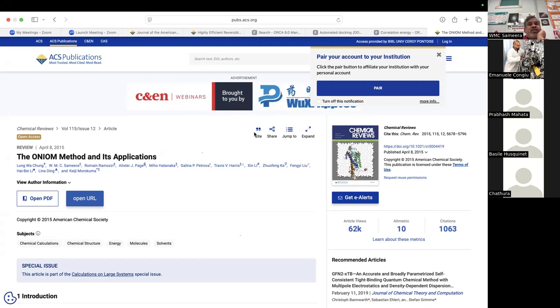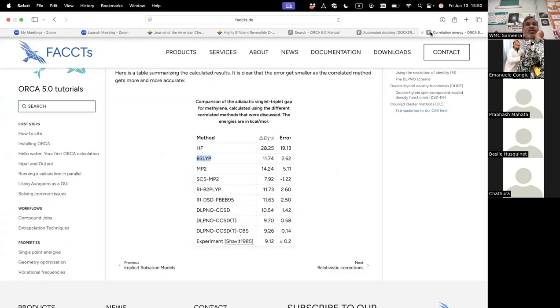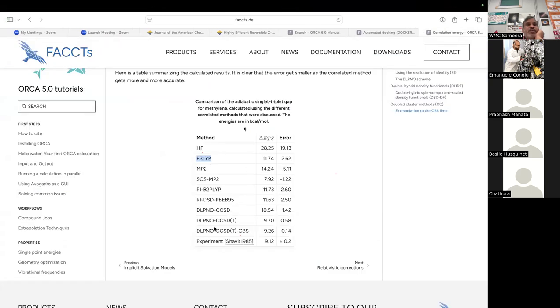Make sure that xTB calculations are reliable for the nanoparticle. You can always do some tests and make sure that you don't destroy or deform the structure during optimizations. You can do a few test calculations and see how it performs.